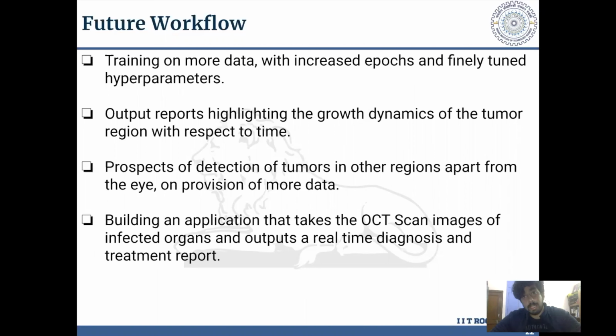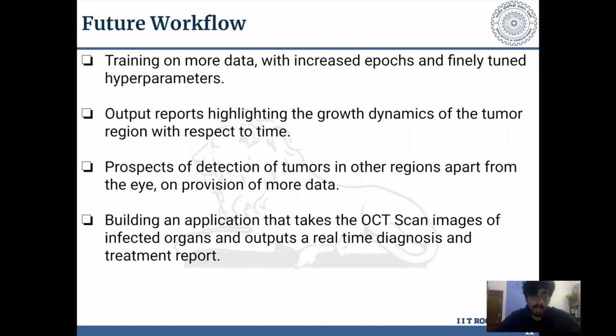Other than that, we'll be trying to output some reports and inferences out of the automated segmentation of the tumors, reports like how fast the tumor is growing, or what the area of the tumor is, etc.